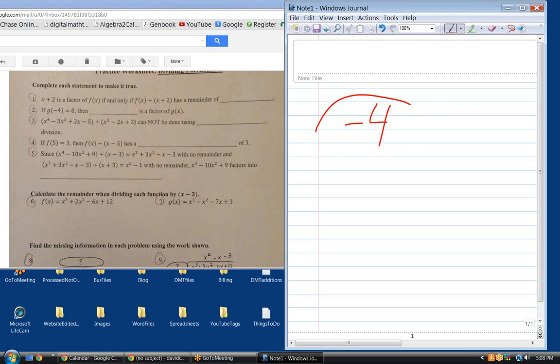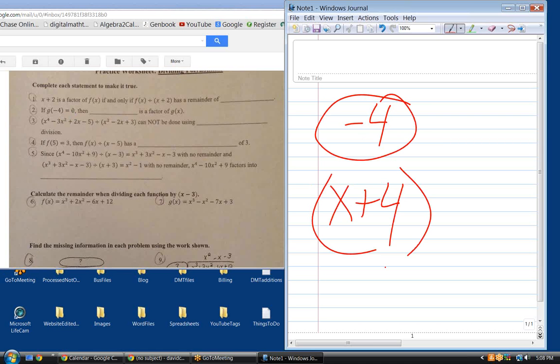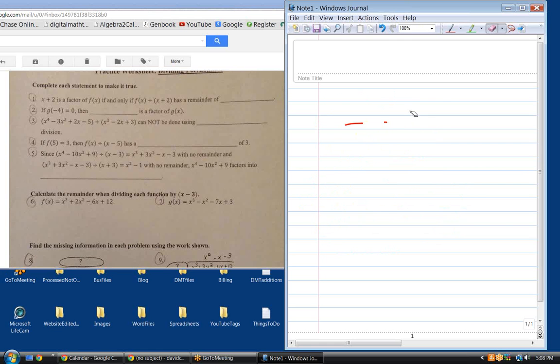Now, if negative 4 is one of the zeros, that means x plus 4 is the factor. So it would be correct to say x plus 4 is a factor of g of x. Okay. And minus 4 is therefore one of the zeros. Okay.